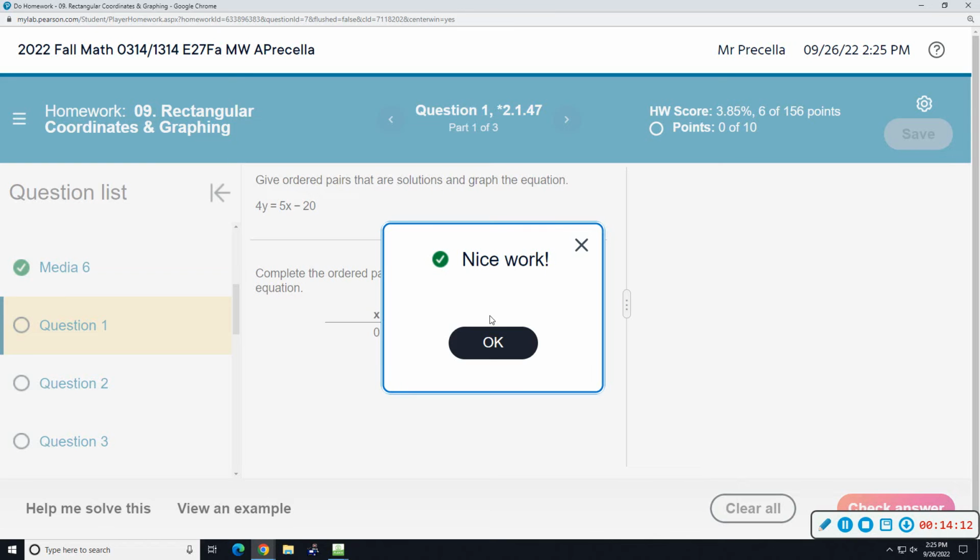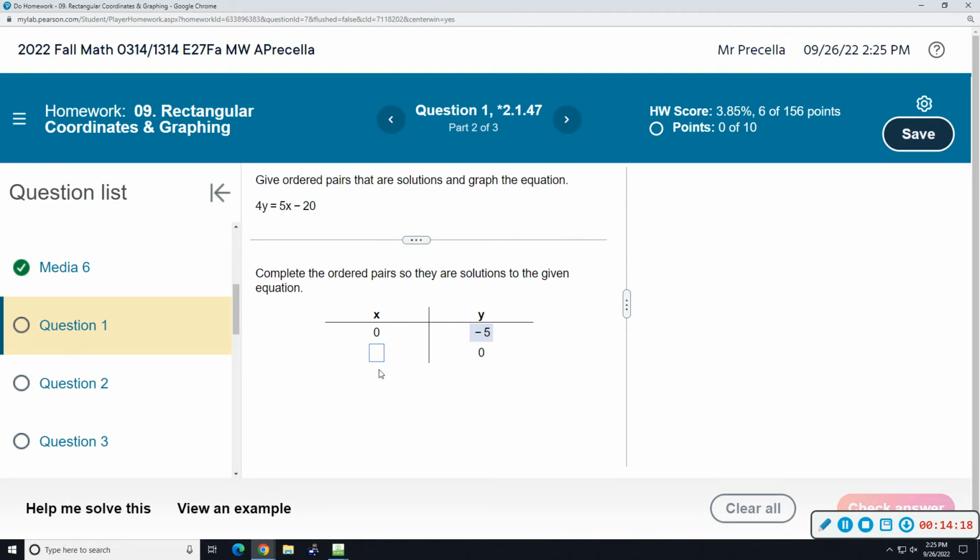Now, we said that we needed how many points to draw a line? 2. Okay. We're not through with the table. Look at this. They have a new row on this table. What is this new row saying to do? Okay. The 0 is there for y, so they're saying let y be 0.